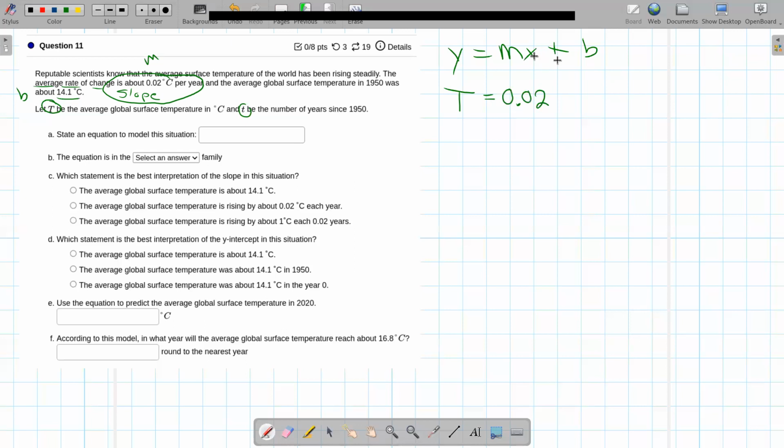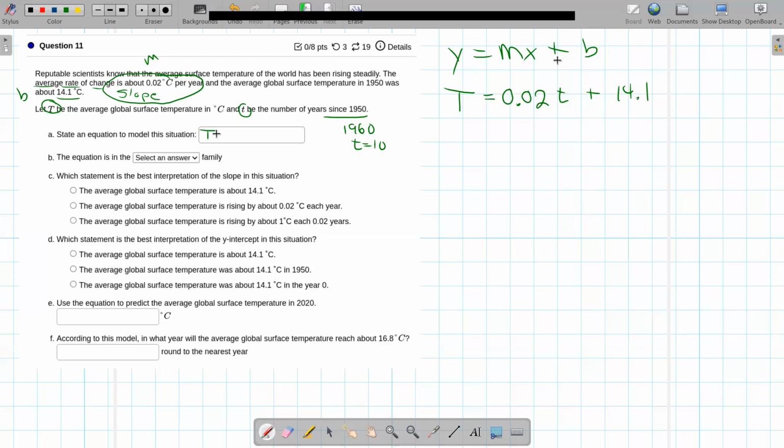Instead of an x, they want me to use a little t for years since 1950. So in, say, 1960, that's 10 years later, t would be 10, for example. So a little t there plus 14.1.